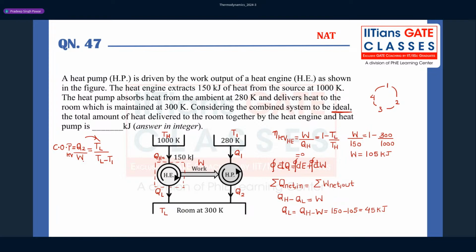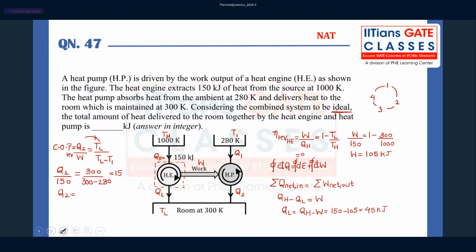If we apply this now, Q2 is what we want to calculate. W is known to us, which is 150. TL is 300, and T1 is 280. So this will be 15. So Q2, if we calculate, we get Q2 as 150 into 15.